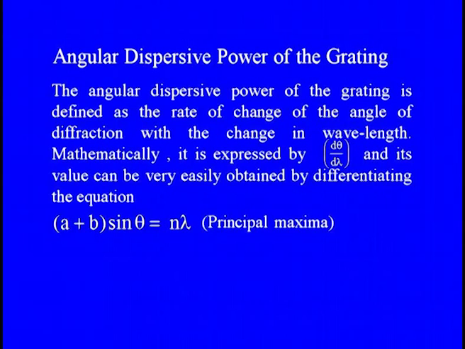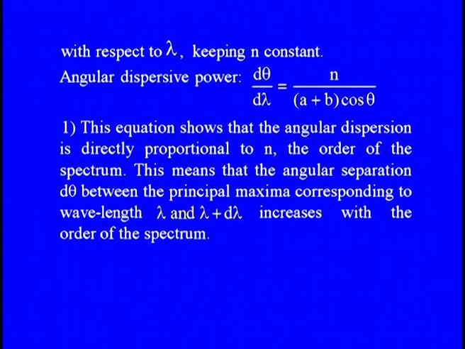Now, let us calculate the angular dispersive power of the grating. The angular dispersive power of the grating is defined as the rate of change of the angle of diffraction with the change in wavelength. Mathematically, it is expressed by d theta by d lambda, and its value can be easily obtained by differentiating the equation (a + b) sin theta = n lambda with respect to lambda, keeping n constant.